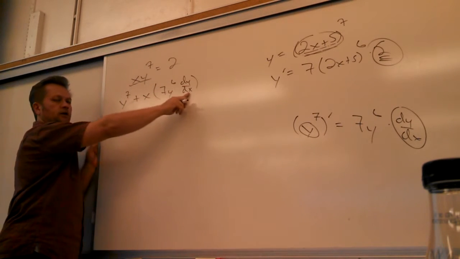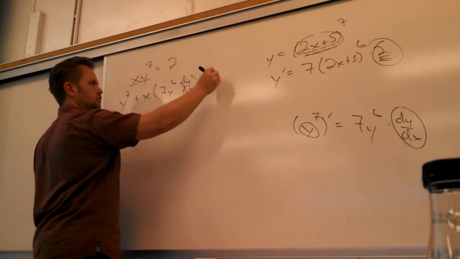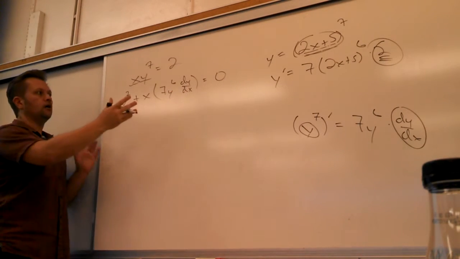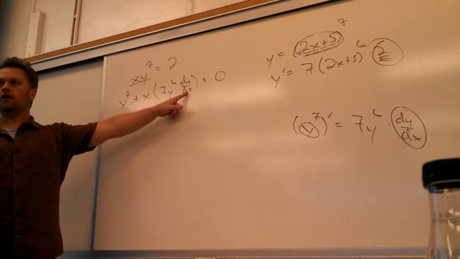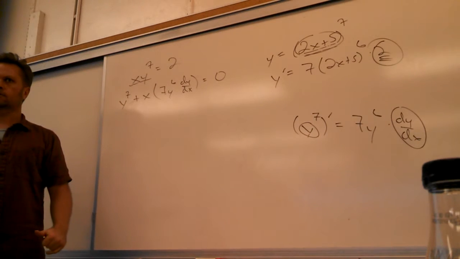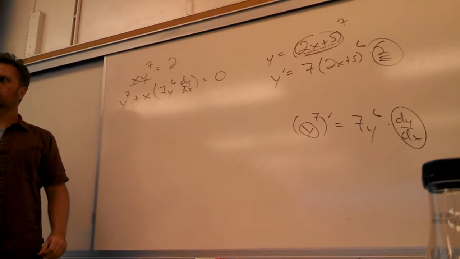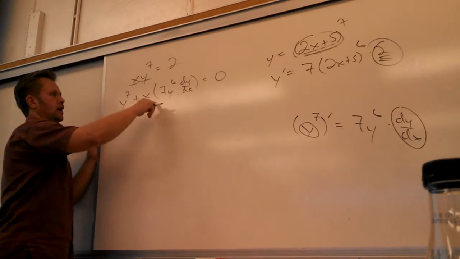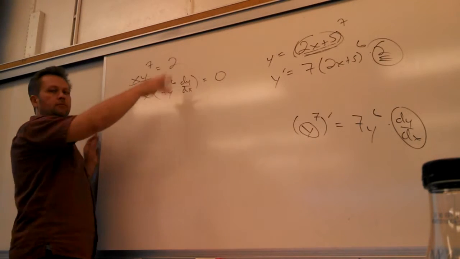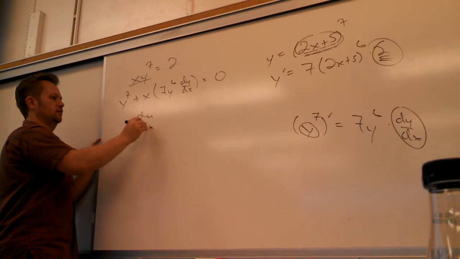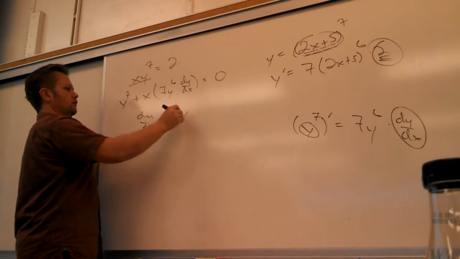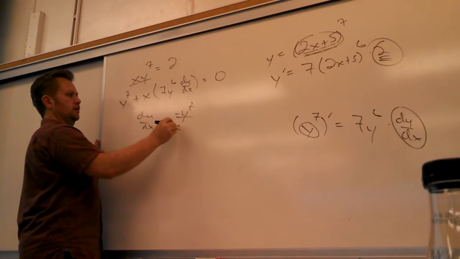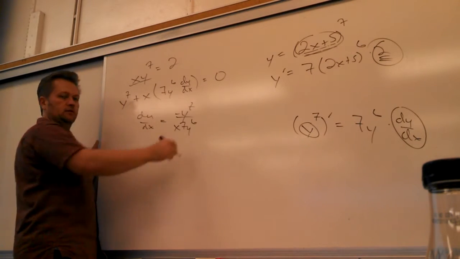That's the chain rule piece, right? Equals 0. Now if I want dy/dx, I just have to solve for it. Subtract, divide, and you get dy/dx equals negative y to the 7th over 7xy to the 6th, and then you can cancel some y's out.